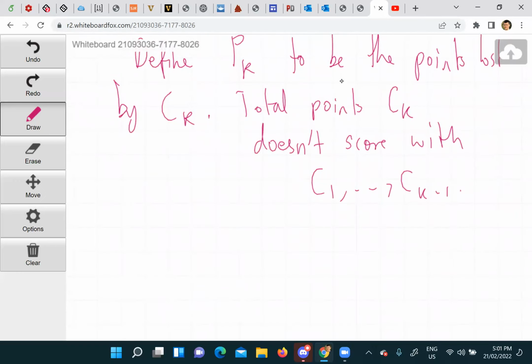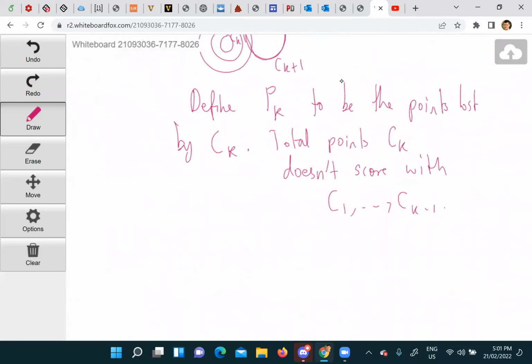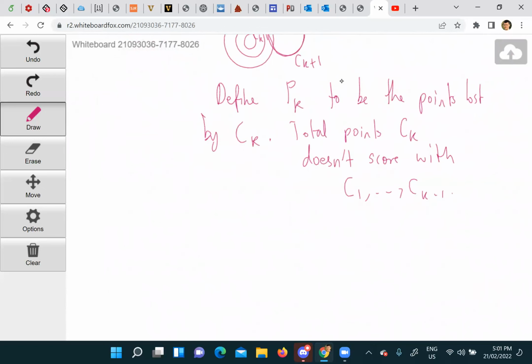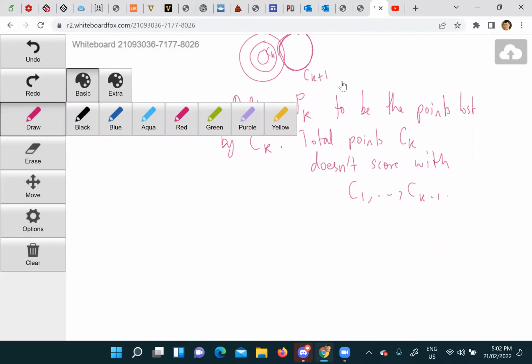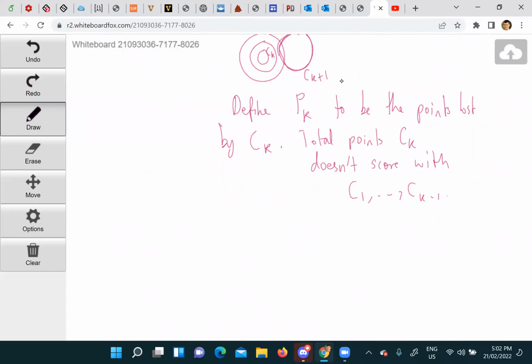Okay, now I want to make the following claims. So what are the claims I want to make? I should also use claims. Another word for claim is lemma. Isn't CK the smallest one? No, CK is the biggest one. The innermost one. Smallest one.